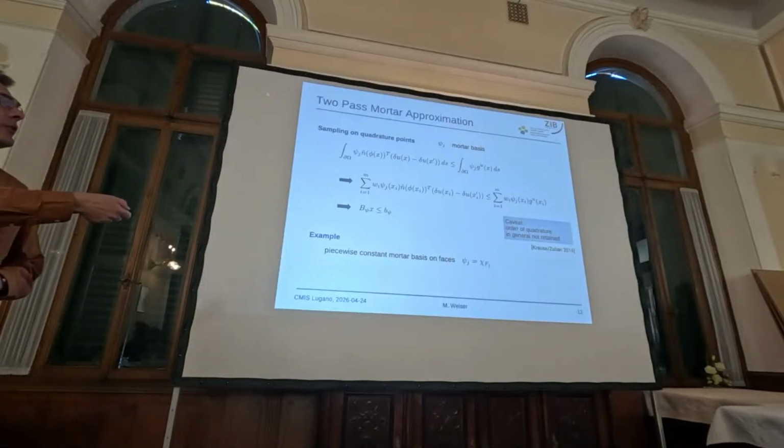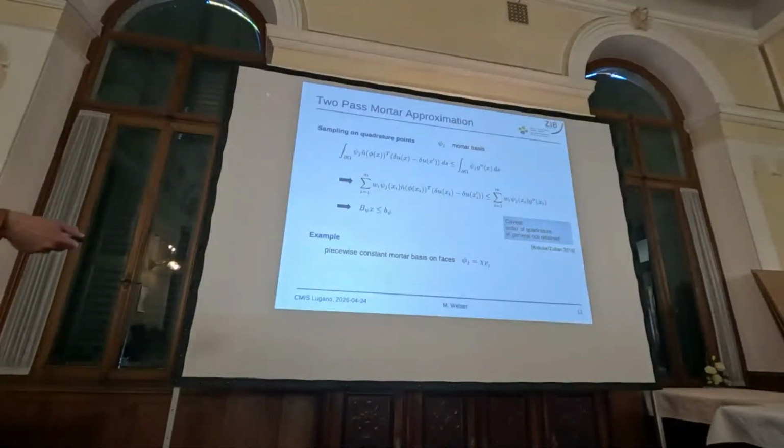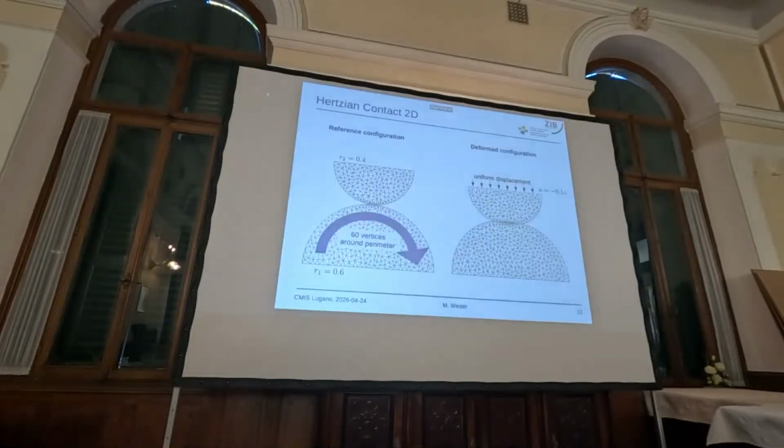Of course, with this quadrature, the order is in general not retained unless you do something more complex, like here by Rolf and Patrick with this projection of meshes, non-matching meshes, and in a way implicitly remeshing and integrating them. So the simplest thing you can do here is a piecewise constant mortar basis. I do not suggest this is the best choice, but it's one of the simplest. And we will look into that later.